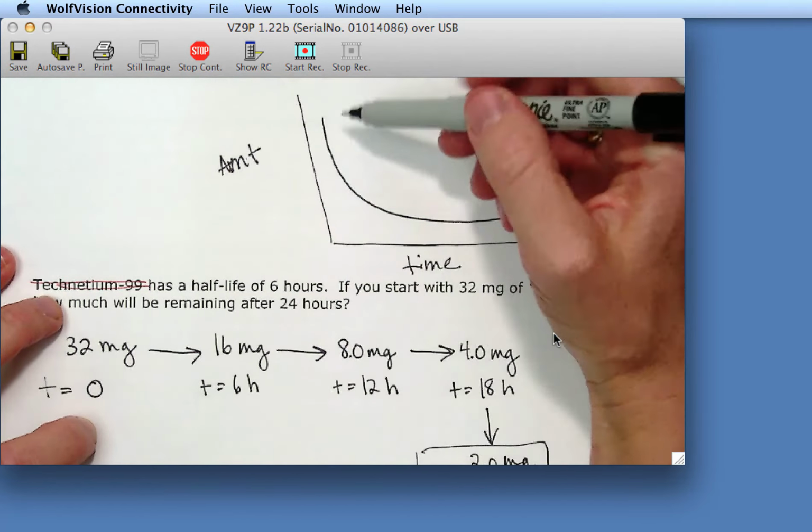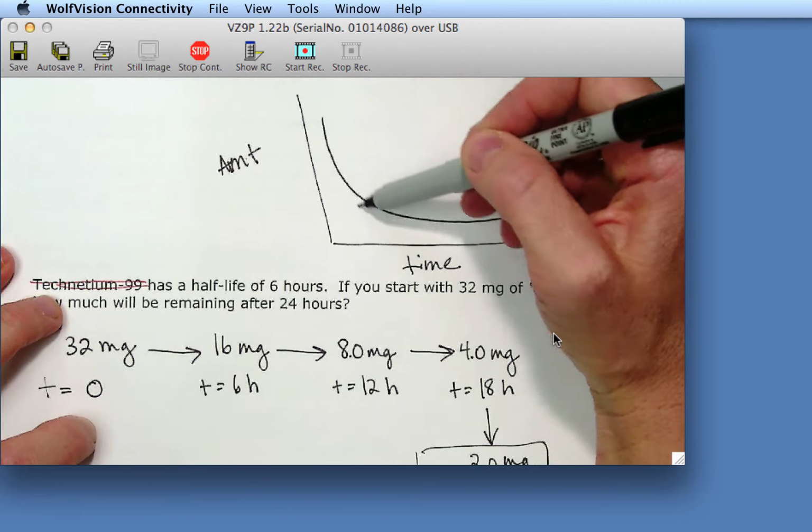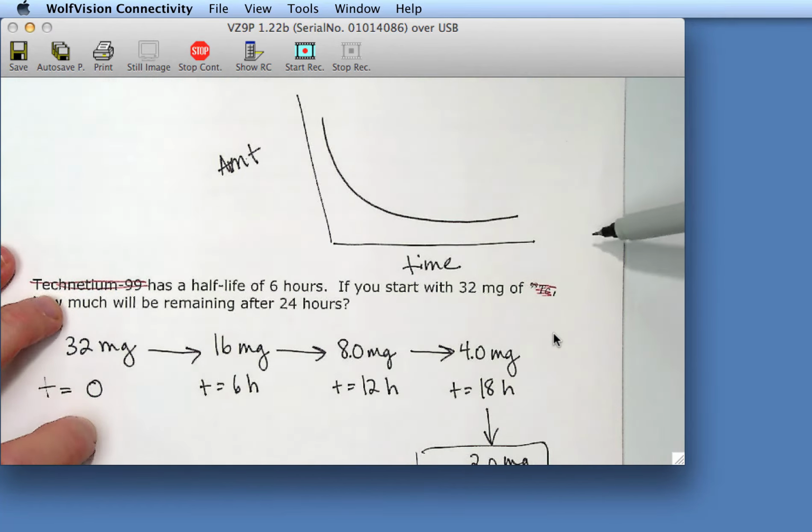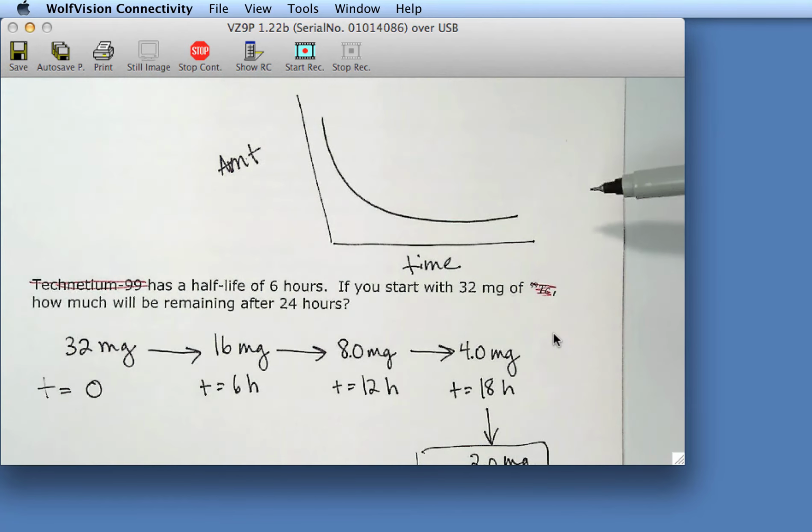If you start off with 100%, you're going to follow this curve until you just have a little bit remaining, but you still have a little bit left. That's how carbon-14 dating works: depending on how much carbon-14 there is, they can tell how old it is.